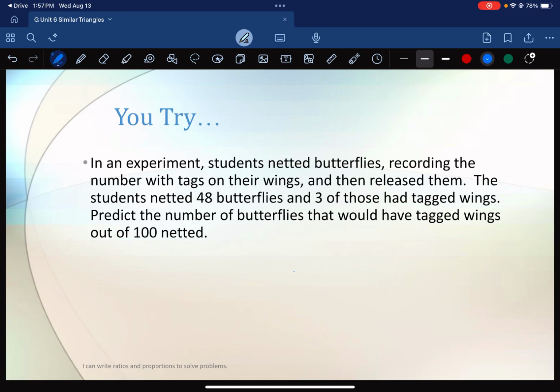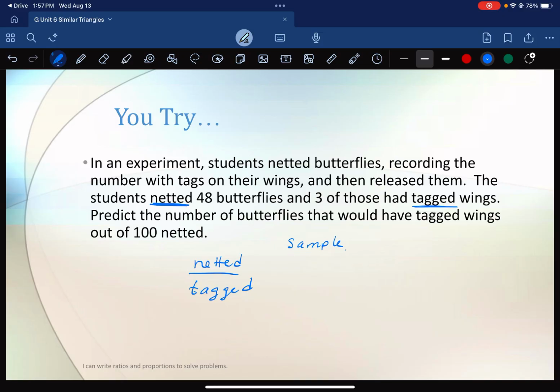Okay, so what do we have here? What are we comparing? We're comparing netted butterflies to tagged butterflies. So I'm going to put netted on top and tagged on the bottom. And I have my sample space.